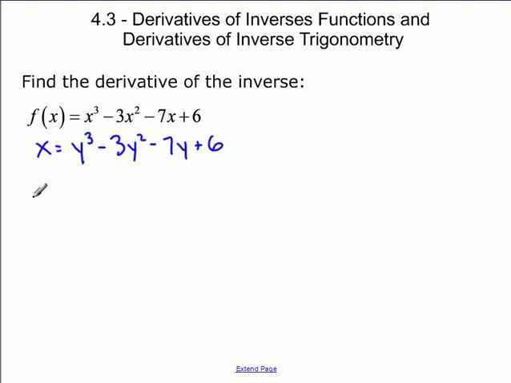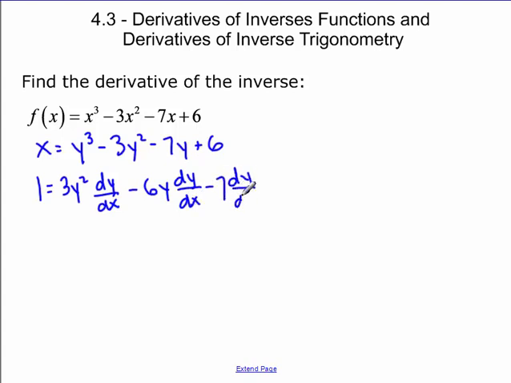The derivative of x with respect to x is 1. Derivative of y cubed, that's implicit differentiation on this right side. So 3y squared dy/dx, 6y dy/dx minus 7 dy/dx.